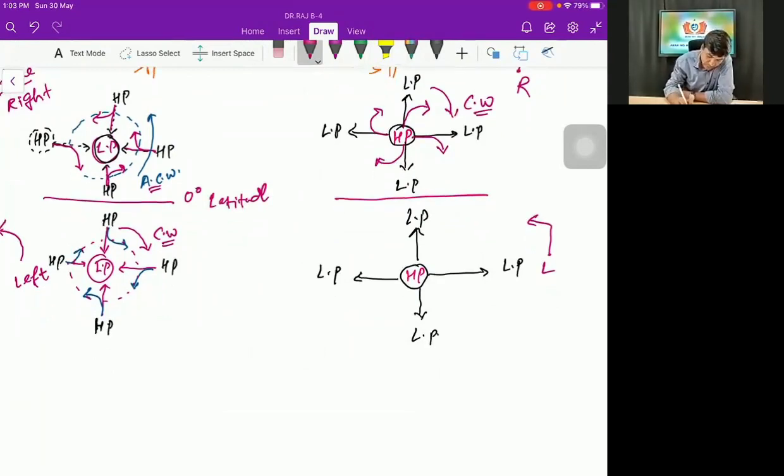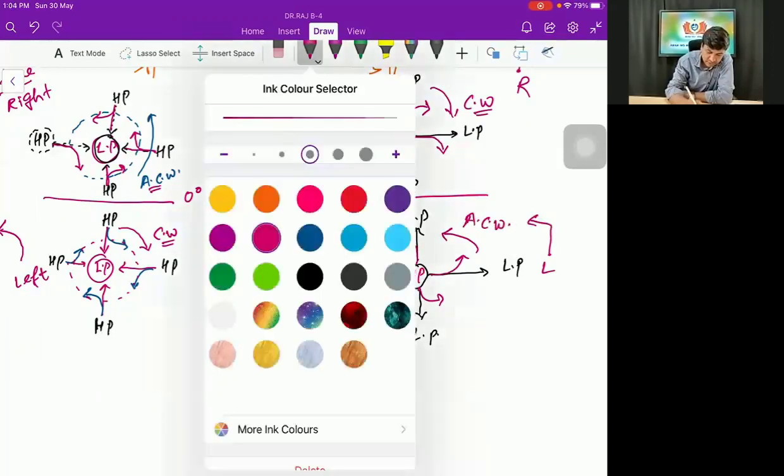So wind is moving from high pressure to low pressure, and here left means this side, left means this side, and again left means this side. So this is the direction of the wind, and that is anti-clockwise. It's very, very important.